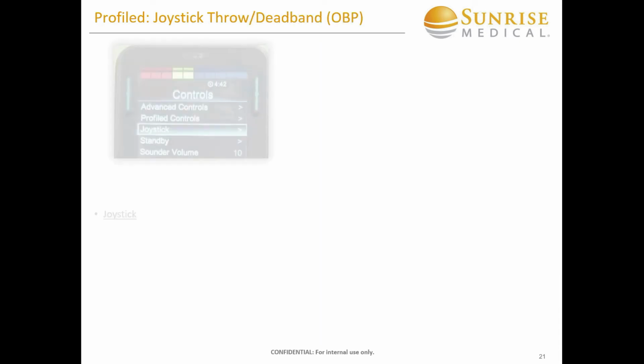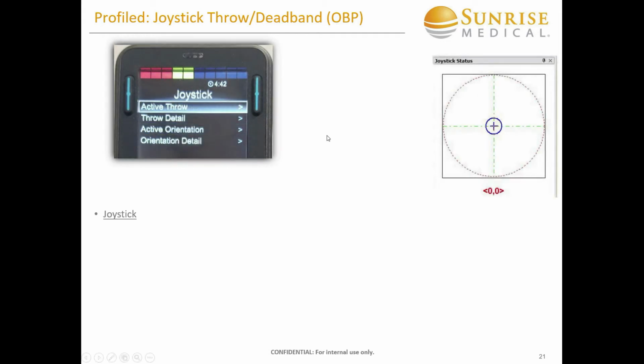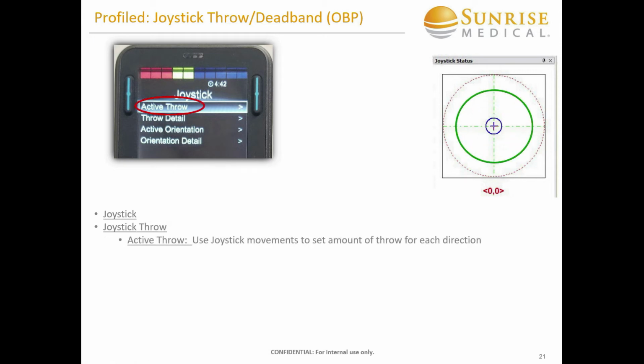Okay, the next one is the joystick throw. Now the joystick throw has to do again with how far I need to move the joystick in order to reach full speed. So on active throw, I'm going to set this actively using the joystick on the chair.